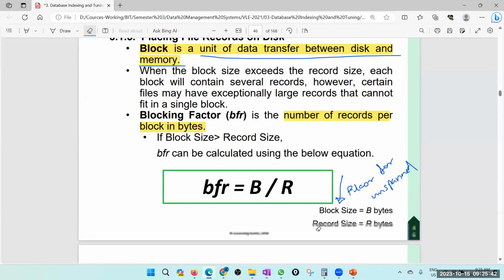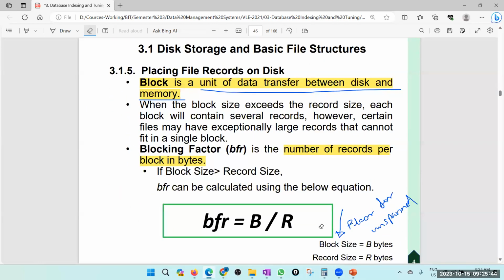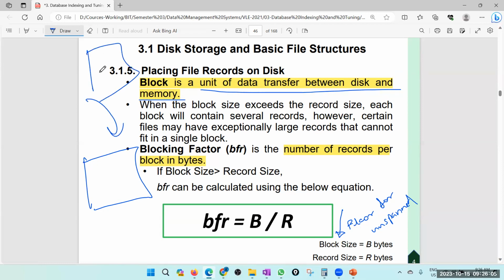So now we move on to some calculations as well: disk storage and basic file structure. I told you that we save data on your disk in blocks. This is the smallest unit your operating system can load into a memory page. So this block has a size in bytes, and it can have multiple records.